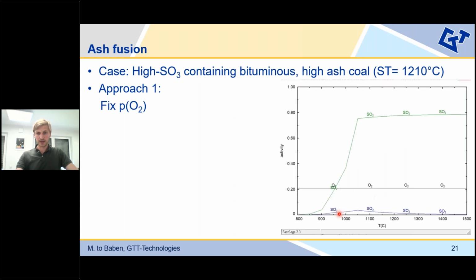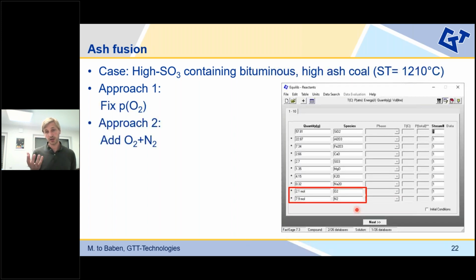Well, if you look into the gas phase, this is the activity of the gas phase species, and you can see that the oxygen partial pressure is, because we have set it like that, always fixed at 0.21 atmospheres. However, we have an SO2 partial pressure close to 0.8 atmospheres, and that is obviously too high. And our SO3 partial pressure is also rather high, around 50 millibars.